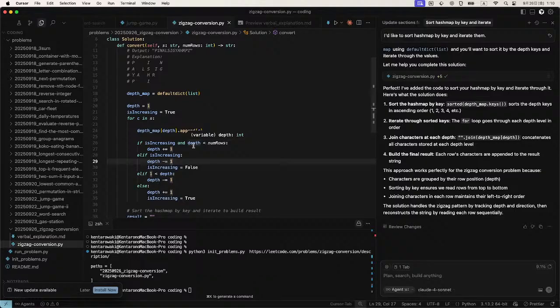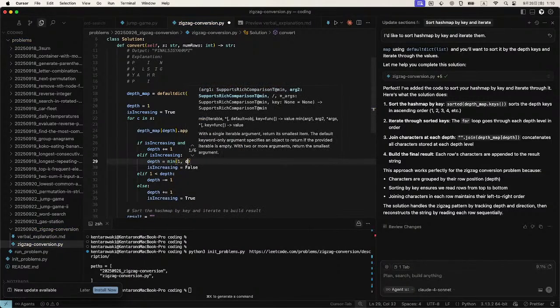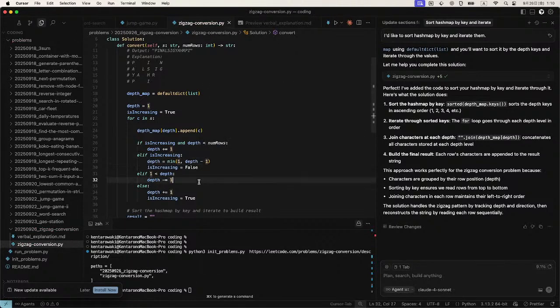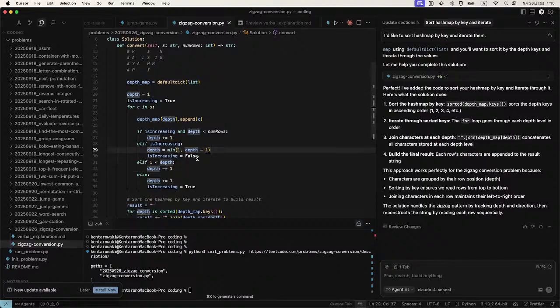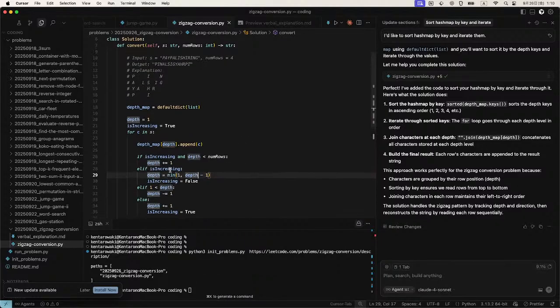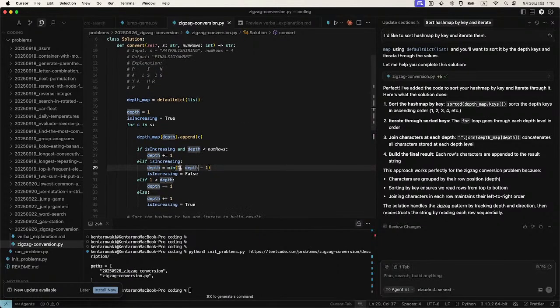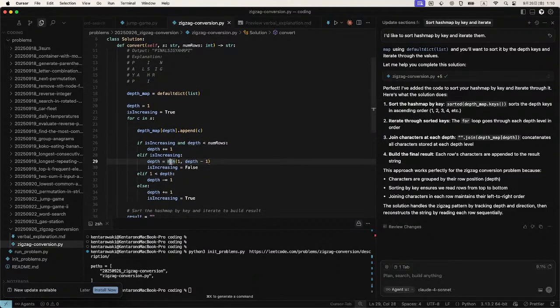But the depth should be, so maybe depth might decrease, but it's at least 1, so we can use min function.